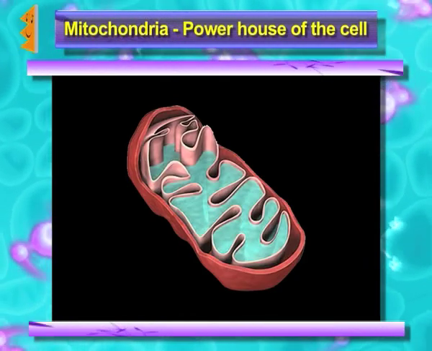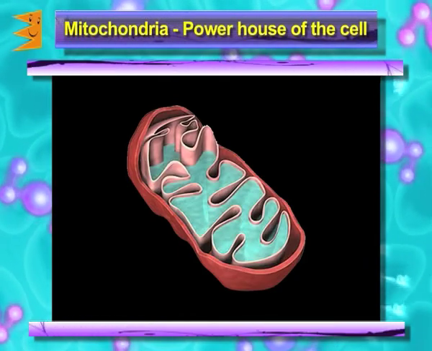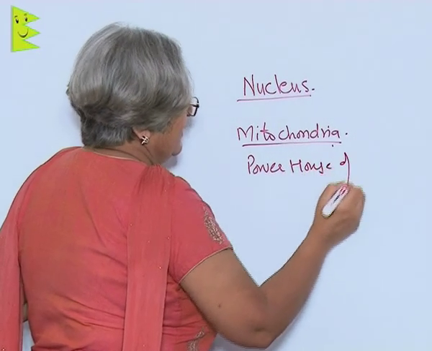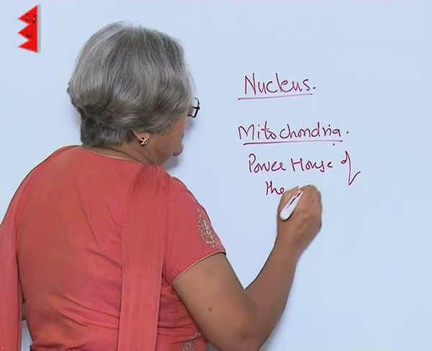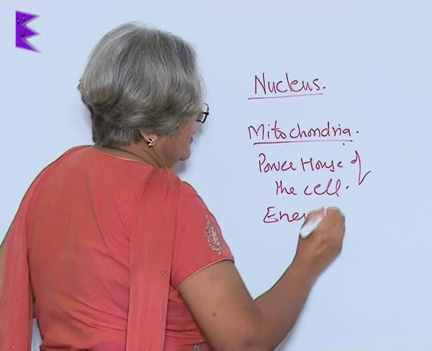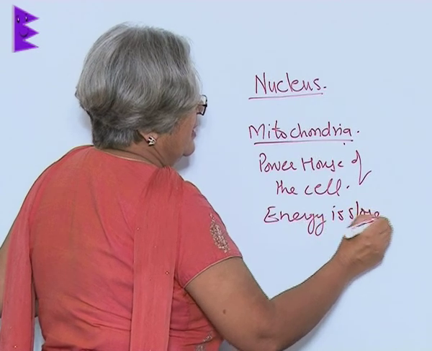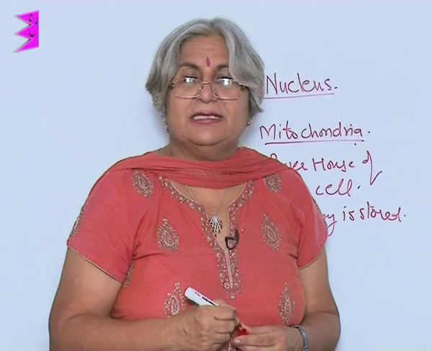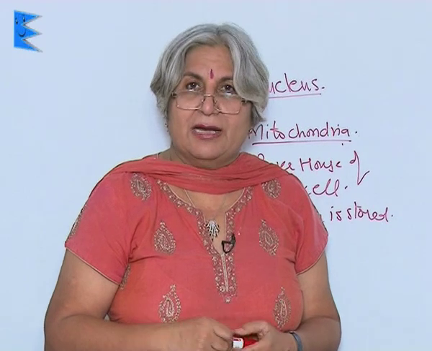Mitochondria is the powerhouse of cell. It is here that the energy is released and stored. And mitochondria is found in all cells, that is whether it is plant or animal.